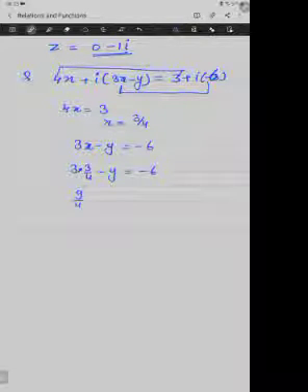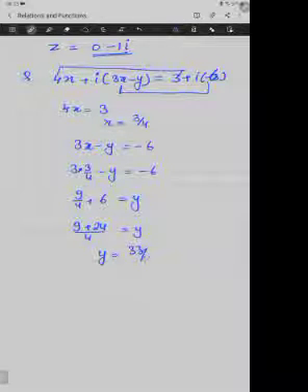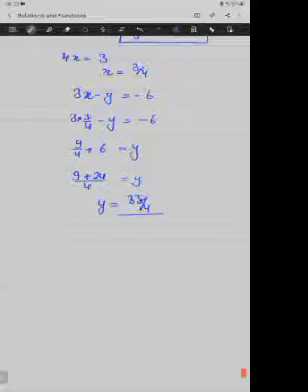So 9 by 4 plus 6 equals y, which is 9 plus 24 over 4. So y is equal to 33 upon 4. So likewise, we can calculate the values.